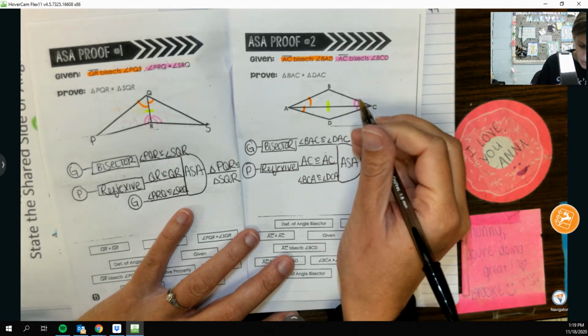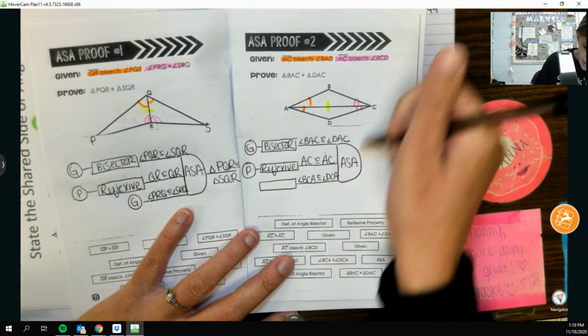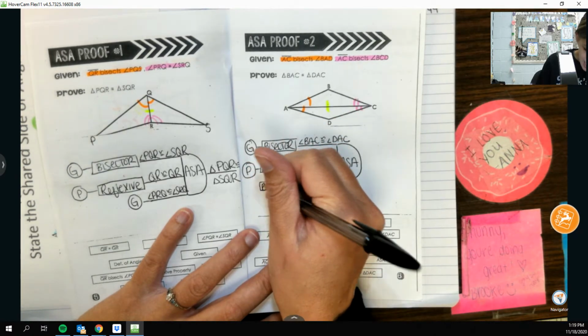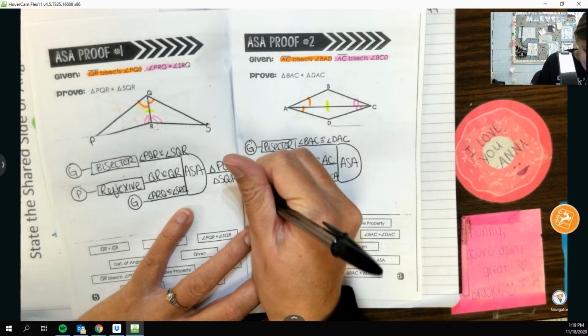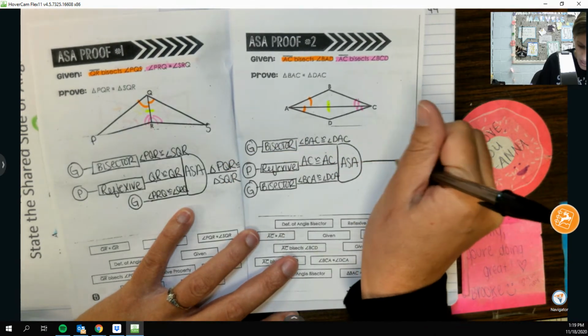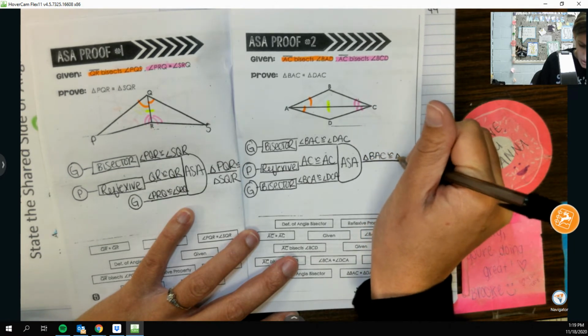I was able to mark that those pink angles were congruent because they told me I had a bisector in the circle G given. So therefore, triangle BAC is congruent to triangle DAC.